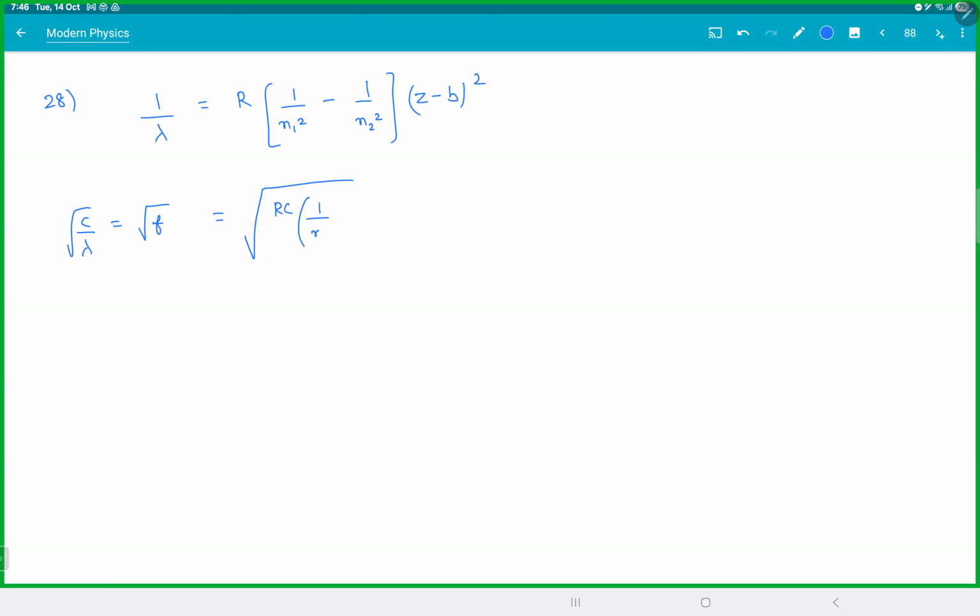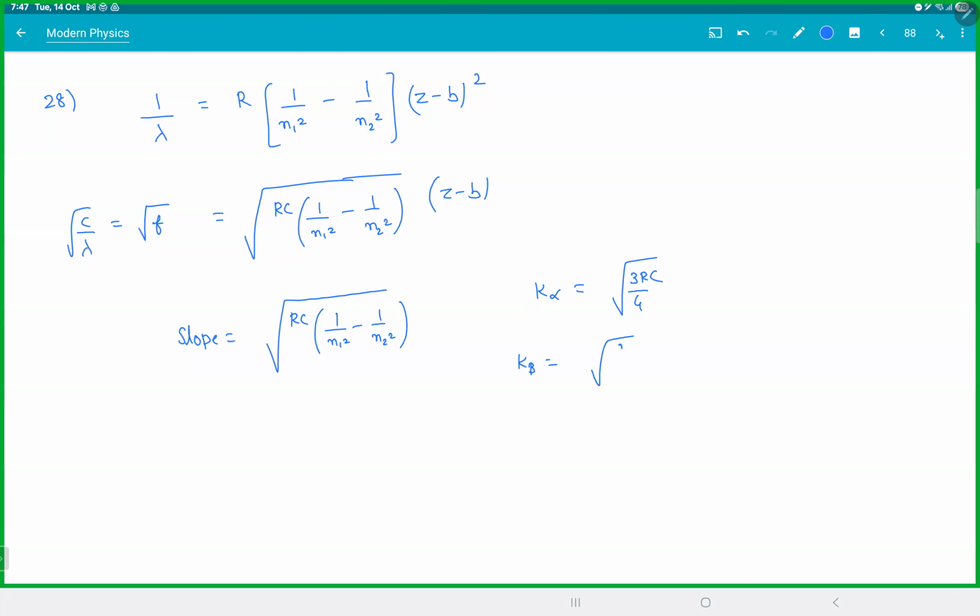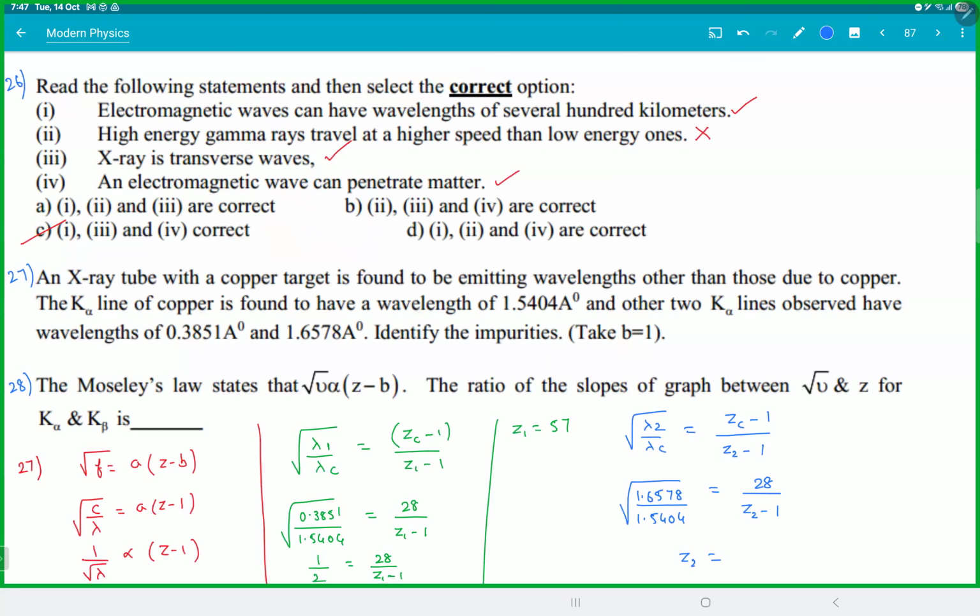Root over RC times 1 by N1 squared minus 1 by N2 squared. You should know your derivation. That is your slope. For K alpha, it will be root 3 RC by 4. K beta, root over 8 RC by 9. Divide them, you'll get the ratio. That is your 28. Clear with this?